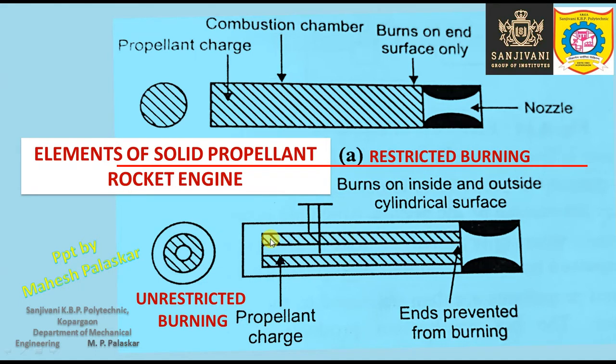So here you can see that this is the propellant charge in the form of a hollow cylinder. This propellant charge can burn from the outer surface as well as from the inner surface, and therefore the burning is fast. Due to fast burning of the propellant charge, the thrust obtained is large, because a large amount of exhaust gases will be obtained at a large pressure and a large temperature, because it will have a lot of heat energy and pressure energy.